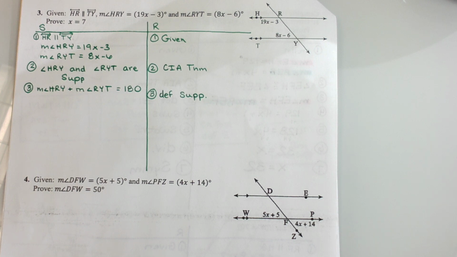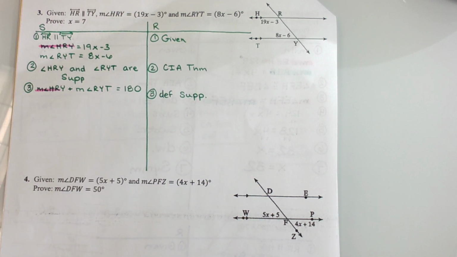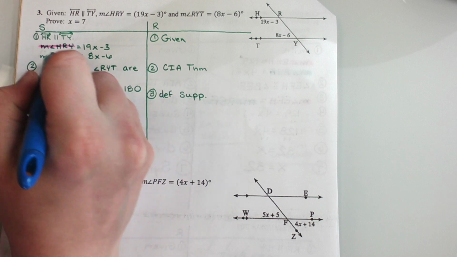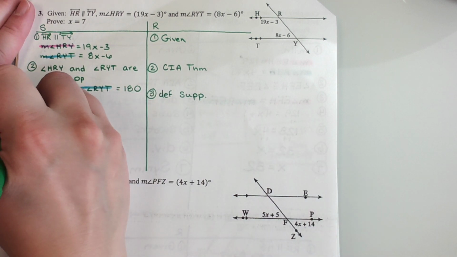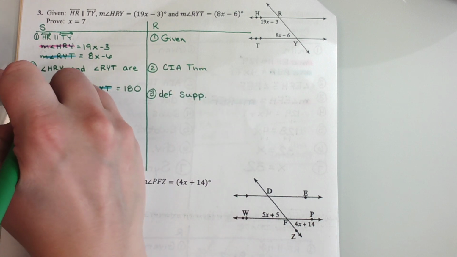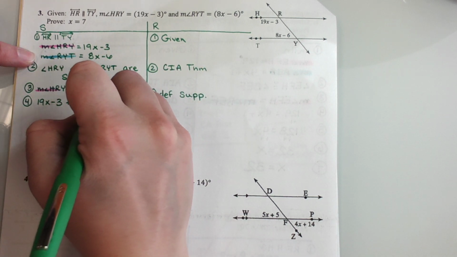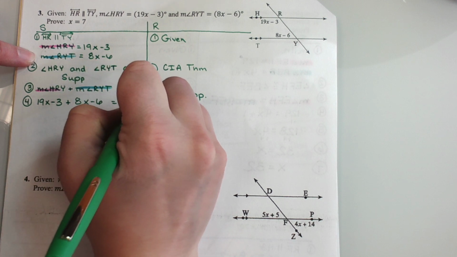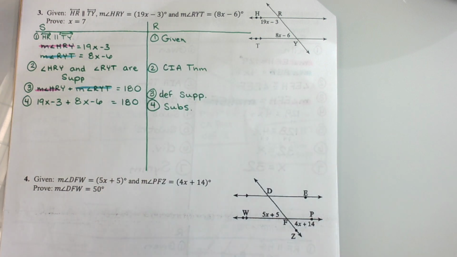Next thing, substitution and transitive property. Do I have things I can replace? Yes. I have that. And I have this. HRY was 19x minus 3 plus RYT was 8x minus 6 equal to 180. If it's an equal sign, I can always just say it was substitution.